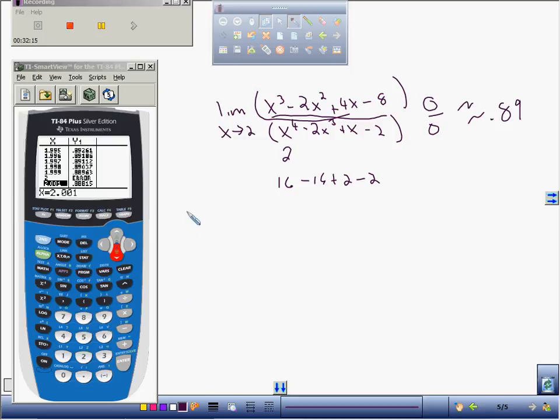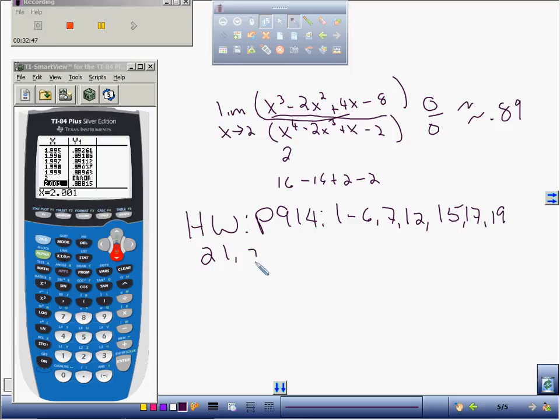Your homework, since I don't think I have a posted assignment sheet yet, is going to be page 914, problems 1 through 6, 17, 19, 29, 31, 37, and 40 and 43.